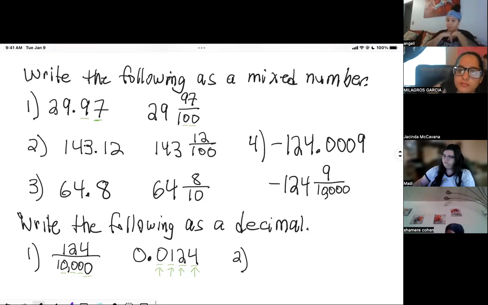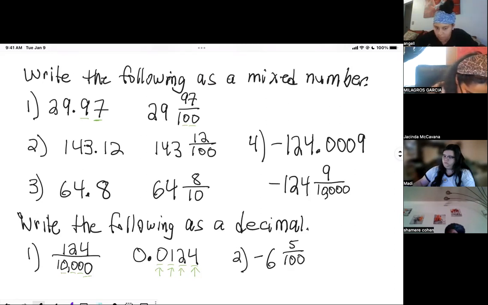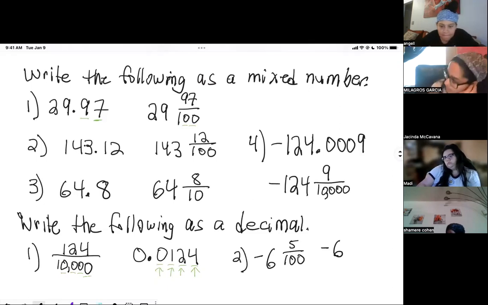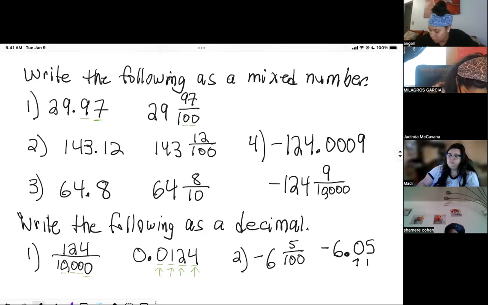Let's try this one. Negative 6 and 5 over 100. Okay, so we have a whole and we have our part. So negative 6, 5 has to be in the hundreds place, and 0, 5, because this is my tenths, this is my hundreds.